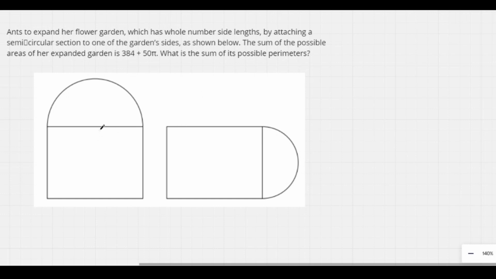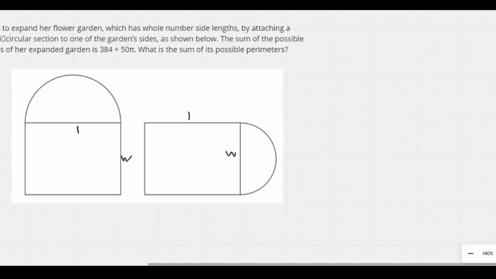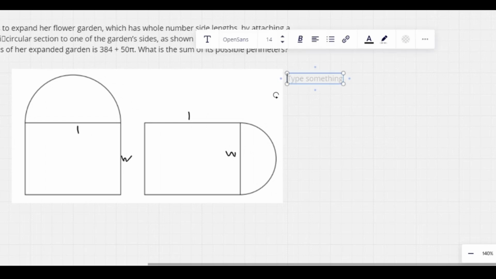So let's set the length equal to L and width equal to W. And then if the semicircle is on side L, then the perimeter will be L plus 2W plus L times pi over 2.